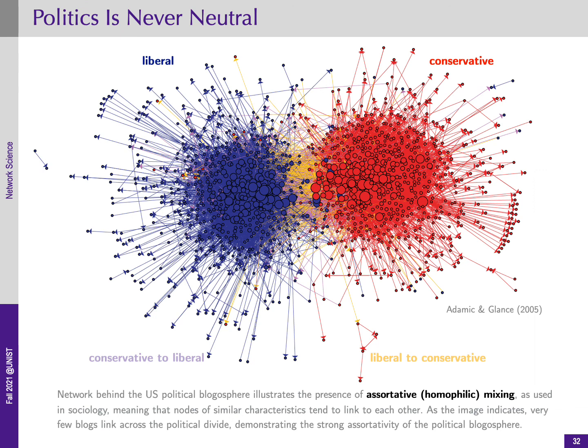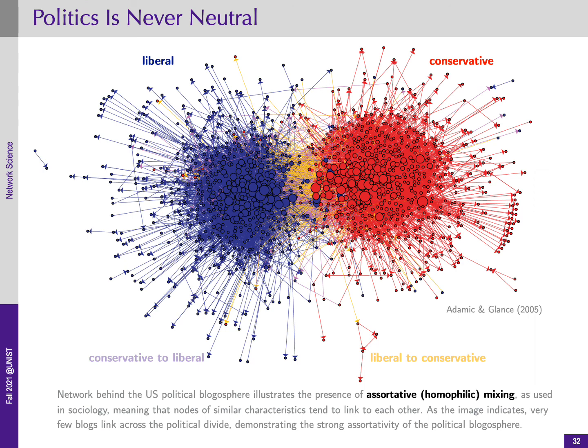We have discussed assortativity, or positive or negative correlation, only in terms of degree centrality, right? But as you can imagine, nodes can have different attributes, different properties.